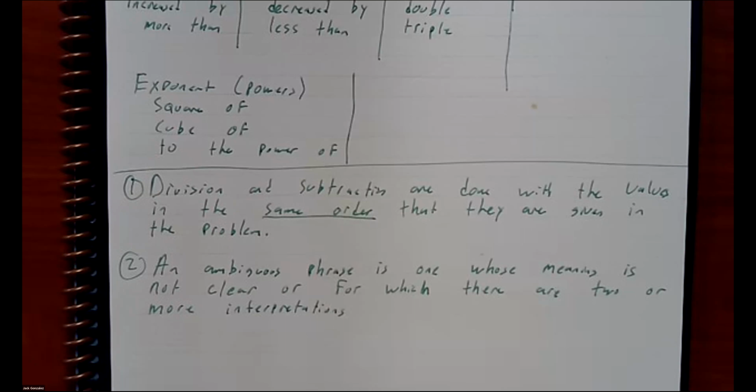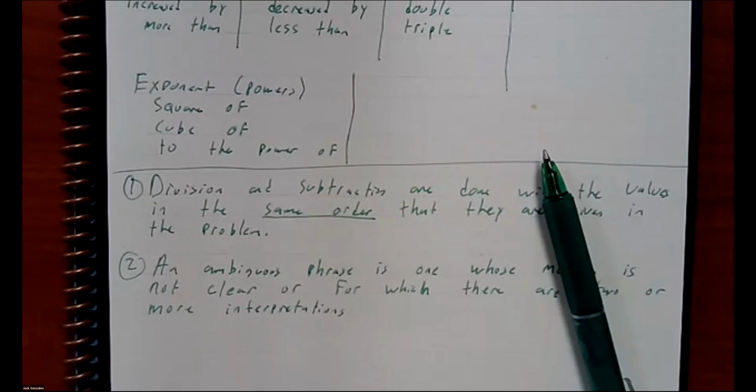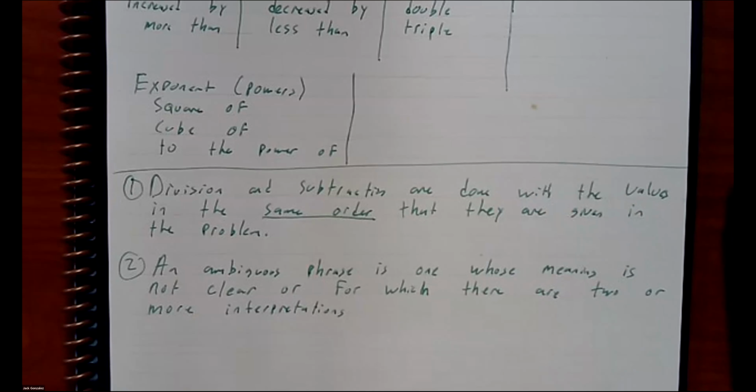Everyone's guessing different answers. That means it's a poorly written problem. No, that's 5. No, that's 3. Anyway, that would be an example of an ambiguous problem. But also the phrasing can be ambiguous.